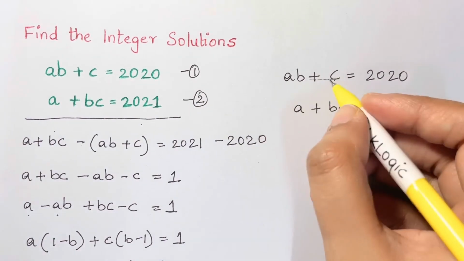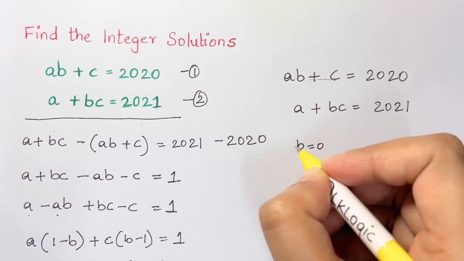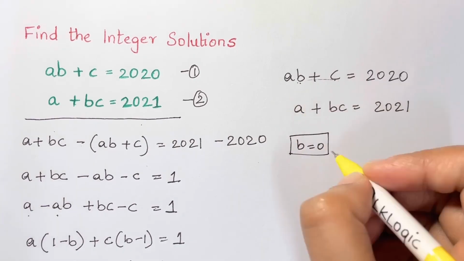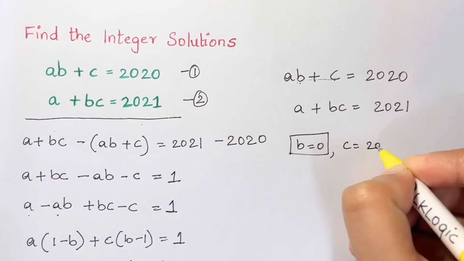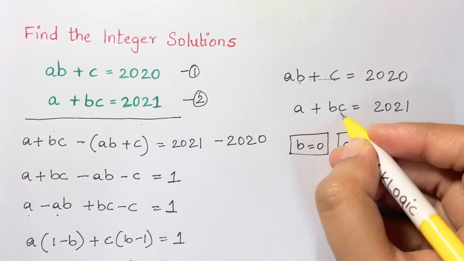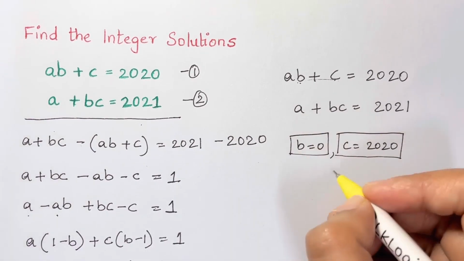If we put B is equal to 0 in this, what do we get? B is 0. So C is equal to 2020. And then what do we get if we put 0 in this one? B is 0. So A is equal to 2021.